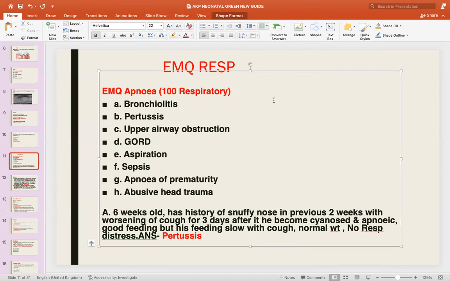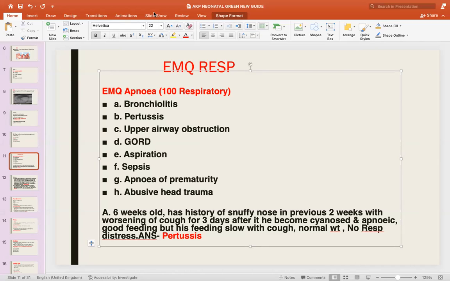What is the answer? Most of you will answer bronchiolitis because there is a viral infection, snuffly nose, cough, and the baby became apneic. But remember, normal bronchiolitis usually does not cause cyanosis unless it is a very severe variety. And bronchiolitis will not last for 2 weeks; that is too long.